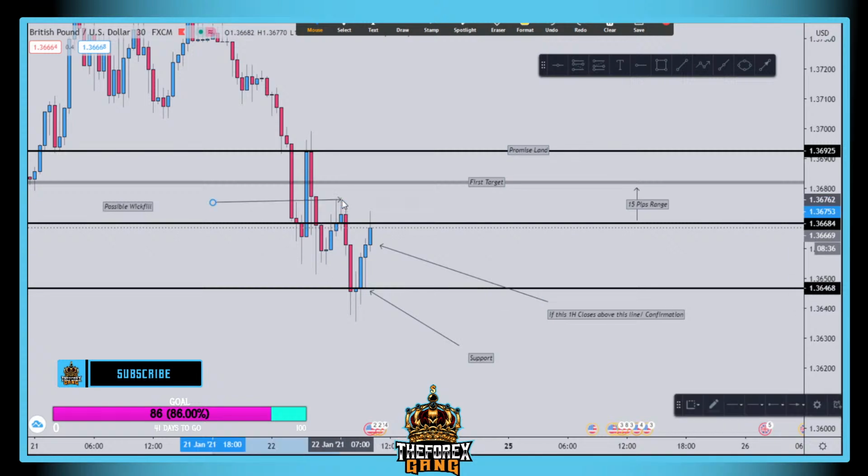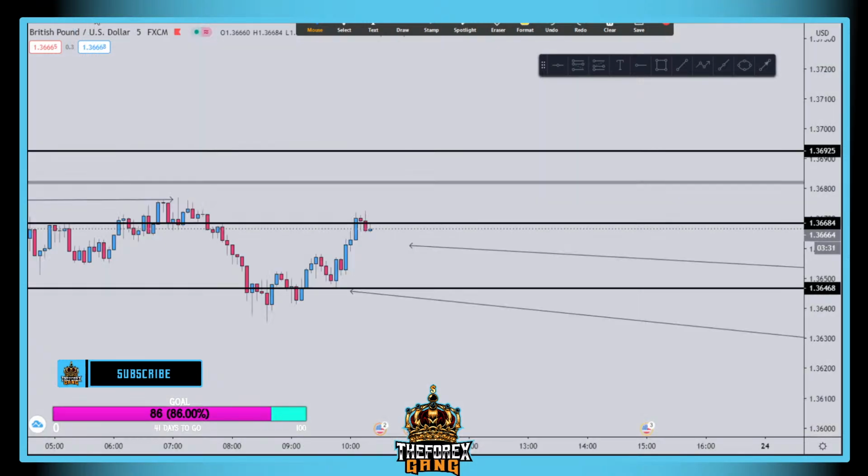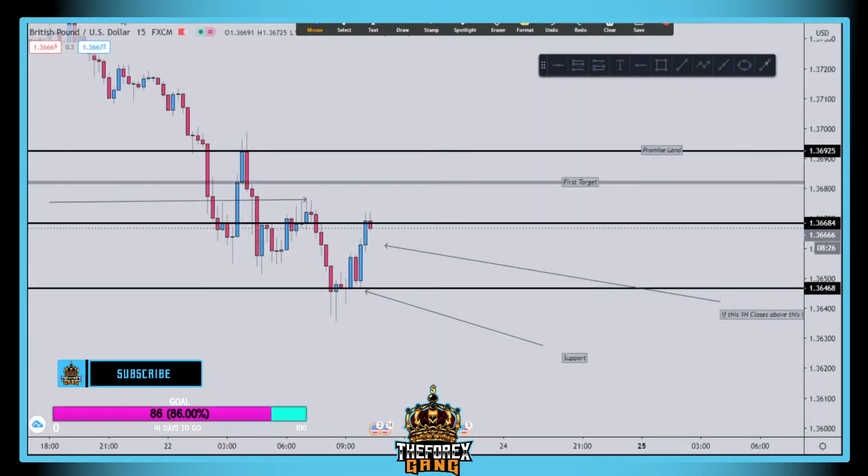Getting tricky right now. On 5 minute, maybe it's making a support on the 15, you know, from here, and then just. Or a resistance.